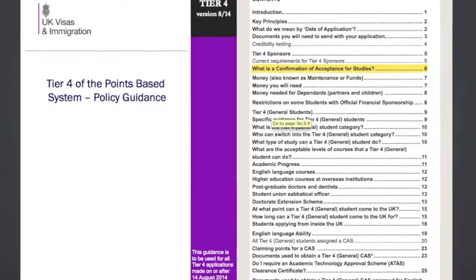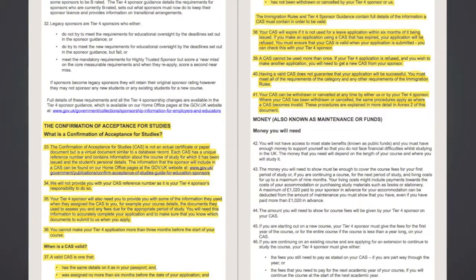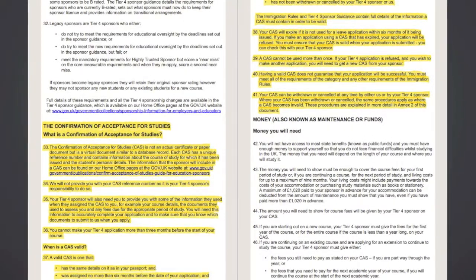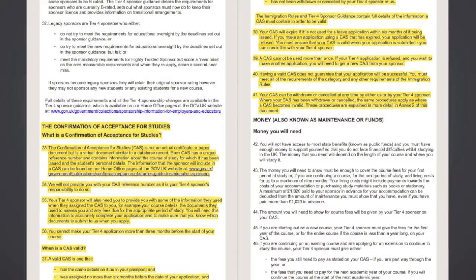The sponsor will then issue a confirmation of acceptance for studies, or a CAS. This is an e-registration on a Home Office database, not a paper certificate, and you'll be given a unique reference number for that CAS. Each CAS is valid for 6 months, and it can be used only once.